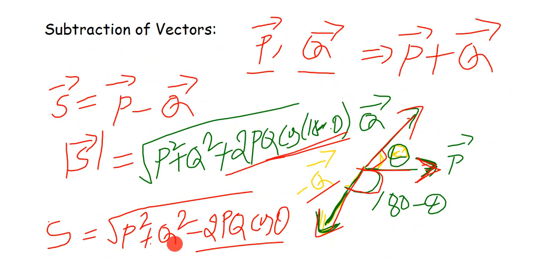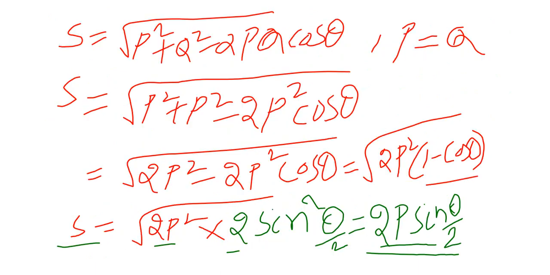Next case: if the two vectors have the same magnitude, then the magnitude of the resultant vector is 2p sin theta by 2.